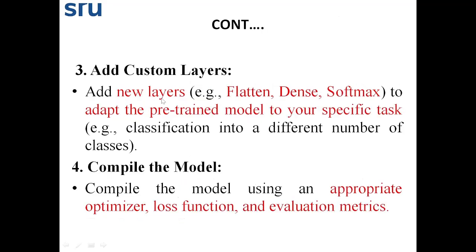Add custom layers. What does it mean? Add new layers, for example flatten, dense, softmax, to adapt the pre-trained model to your specific task, for example classification into a different number of classes. Compile the model using an appropriate optimizer, loss function, and evaluation metric.